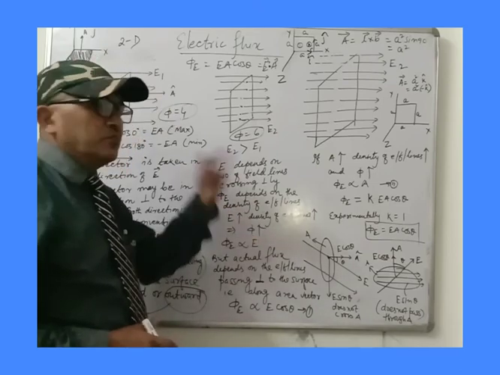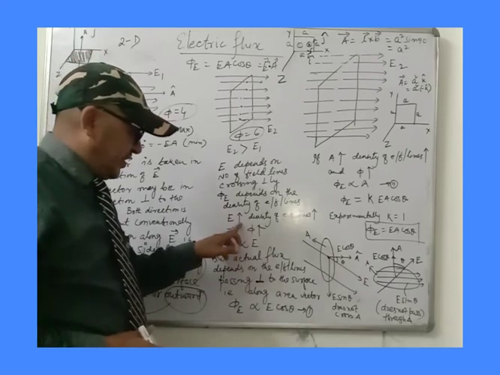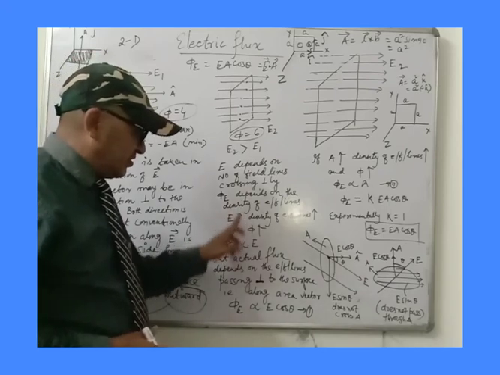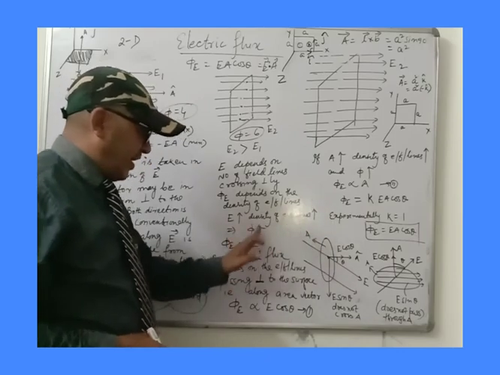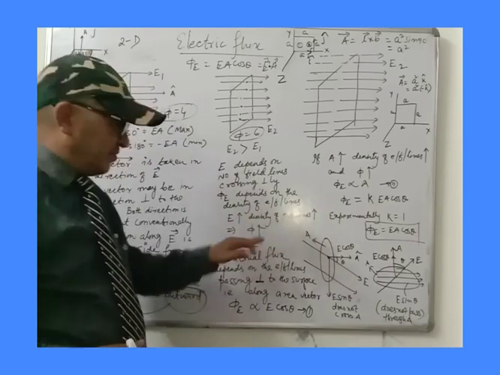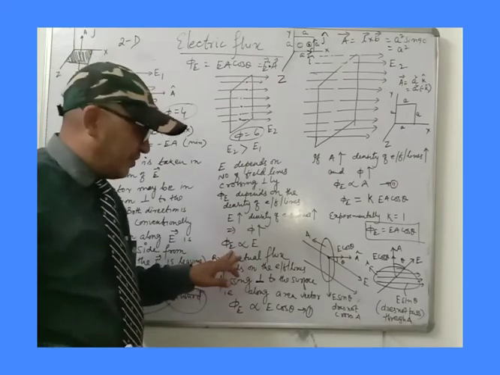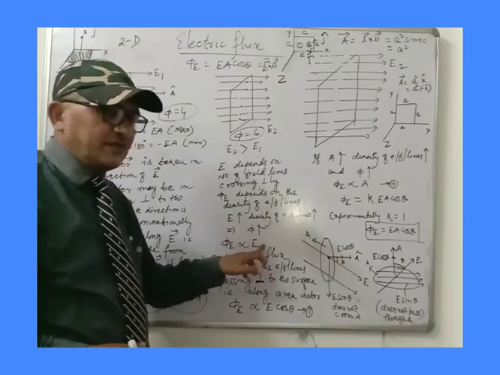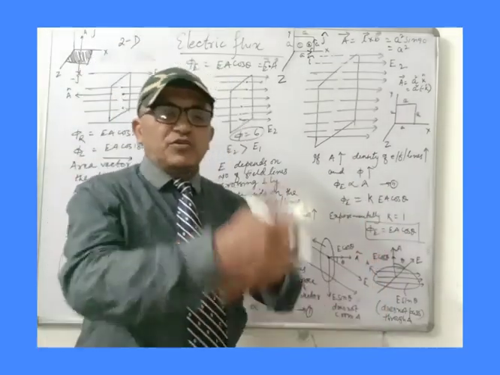So if the electric field is stronger, the density of electric field lines will be more, so flux also will be more. So phi E, electric flux, is directly proportional to electric field. The more the electric field, the more the density of the field lines, and more will be the flux.